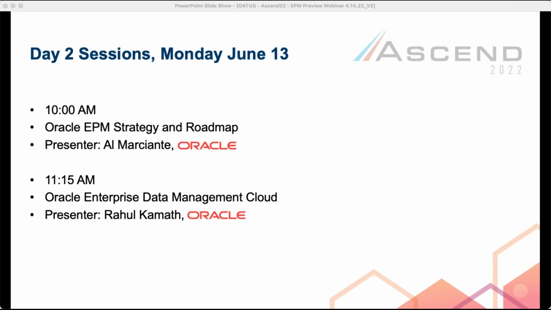And then the second session will be presented by Rahul Kamath, also of Oracle, on the Enterprise Data Management Cloud. Attend the session to learn about the key use cases enabled by Oracle Enterprise Data Management Cloud service.